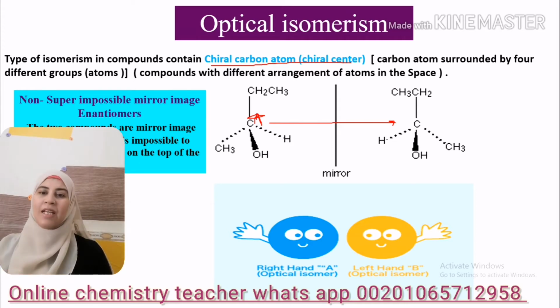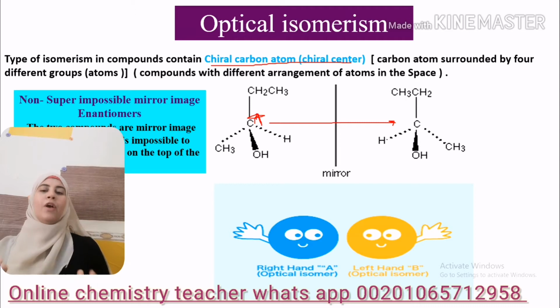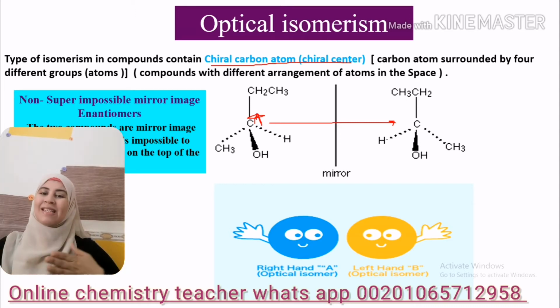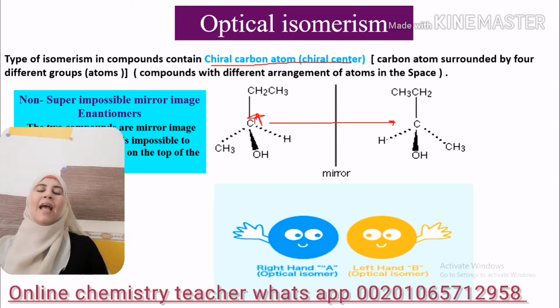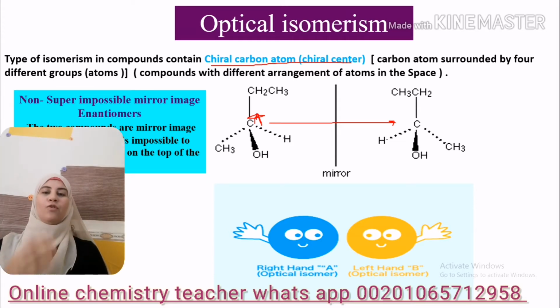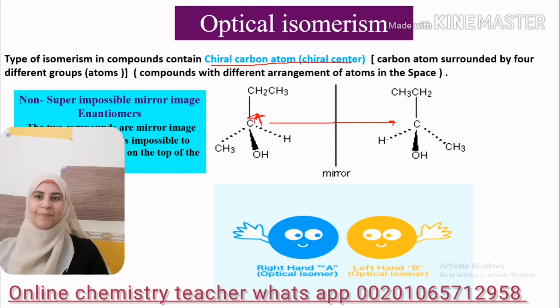3D compounds means we have a carbon atom attached to other atoms or groups. We have atoms on the same plane, atoms from behind, and atoms from the front. So we have a 3D structure. It is the definition of non-superimposable.